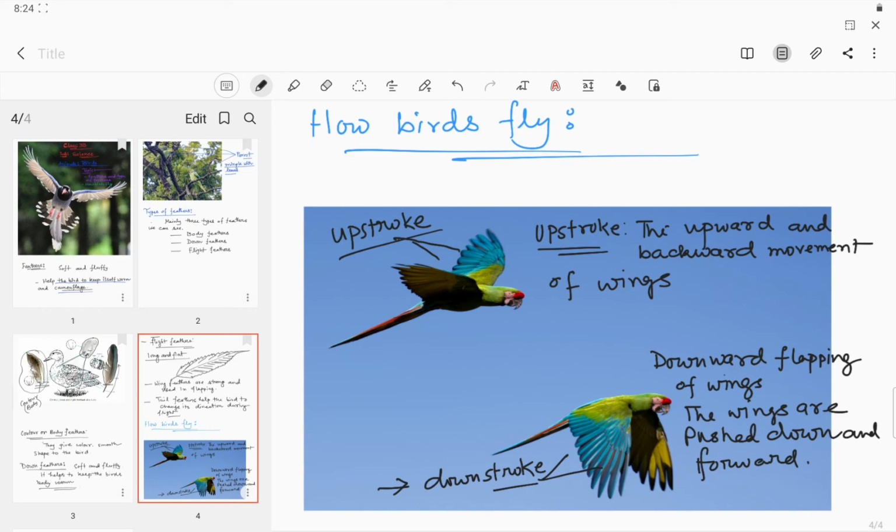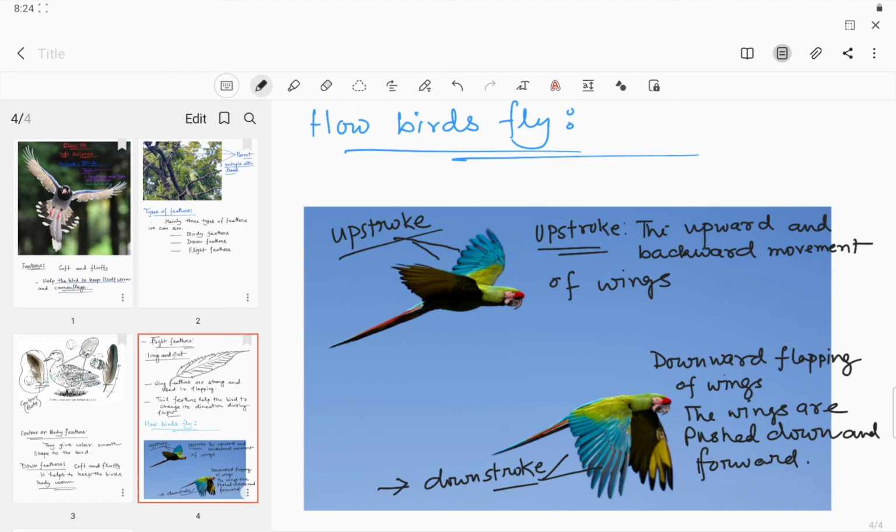So today in this video session, we have learned about the feathers, different types of feathers: body feathers, down feathers, and flight feathers, and how a bird can fly. We already learned about how birds can fly using their lightweight feathers and hollow bones. But in this video session, we have learned about downstroke and upstroke flapping, right?